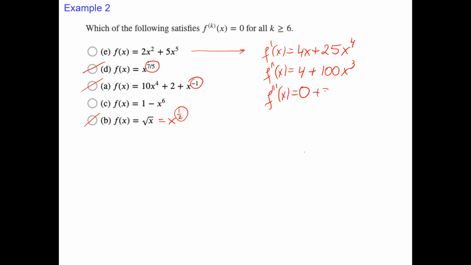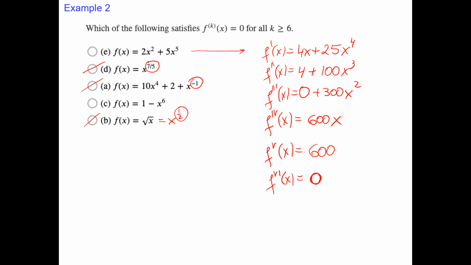But let's check. 300 x to the power of 2, and then the fourth derivative, 600x, and then the fifth derivative is constant because it was x to the power of 5. The fifth derivative is constant, and the sixth derivative is 0. That means, yes, the sixth derivative will be 0.